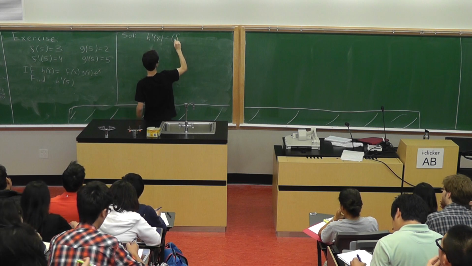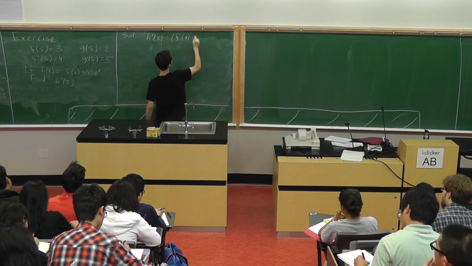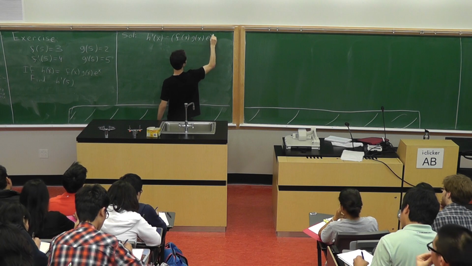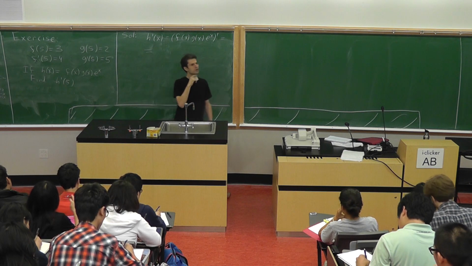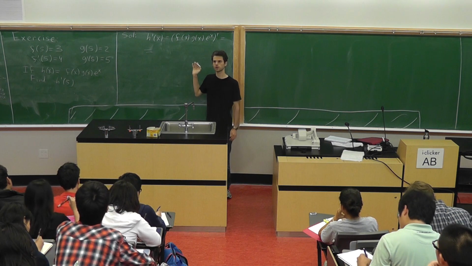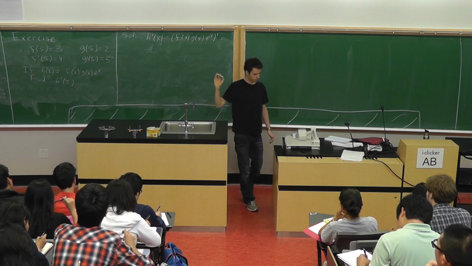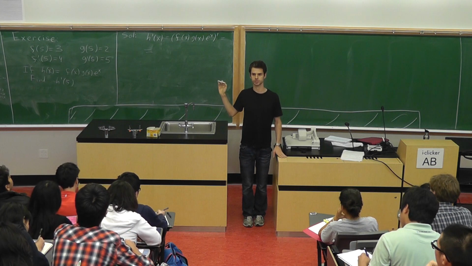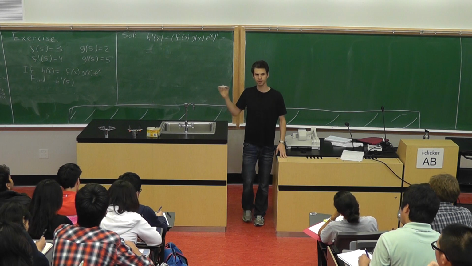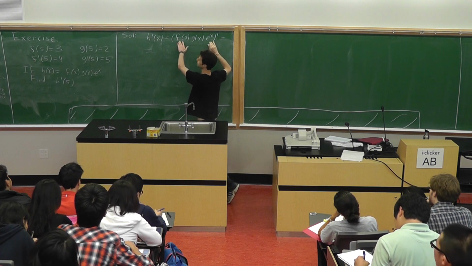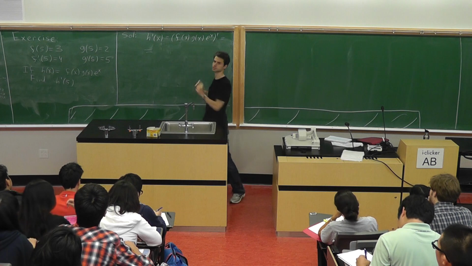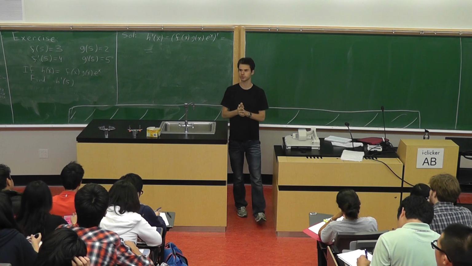Well, it's the derivative of the product f of x, g of x, e to the power x. Okay, I know the product rule for a product of two functions: f times g prime is f prime g plus f g prime. Here I have a product of three functions, f times g times e to the x. What can I do about it?